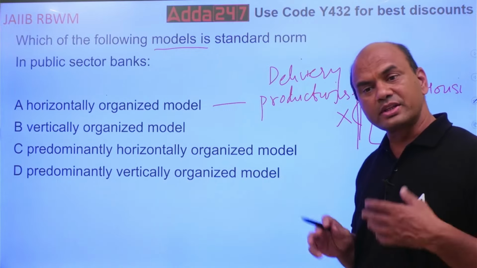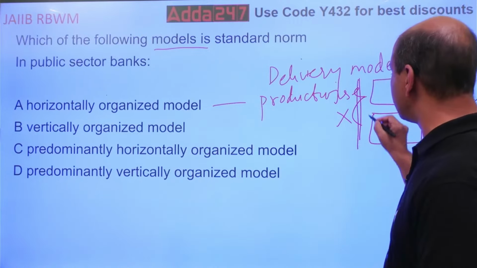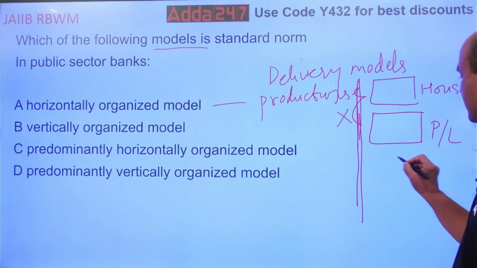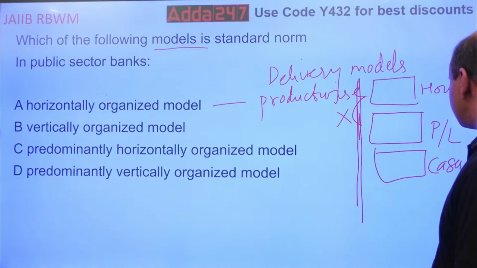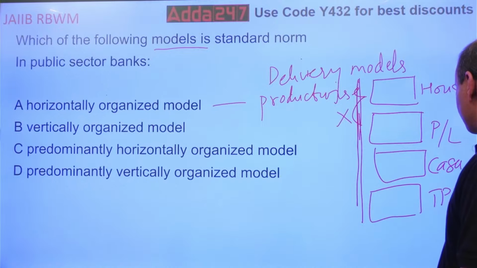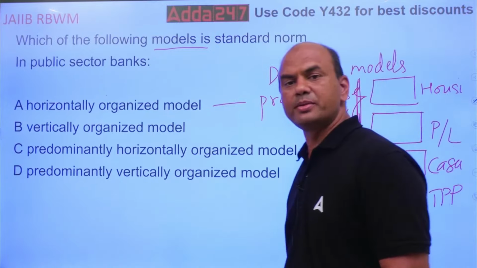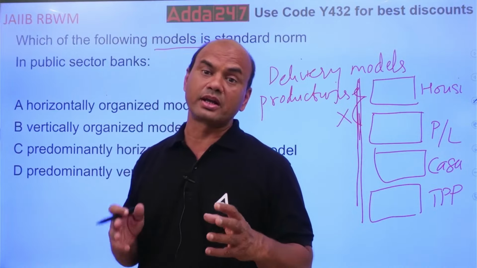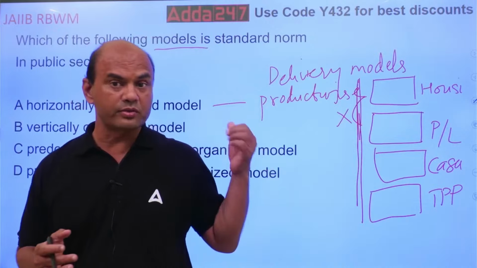The same is true with CASA, current account, saving account, FD, mutual fund, all of them will be able to access the same customer database. Because of this, the same customer can be targeted for multiple products. Cross-selling can be done.